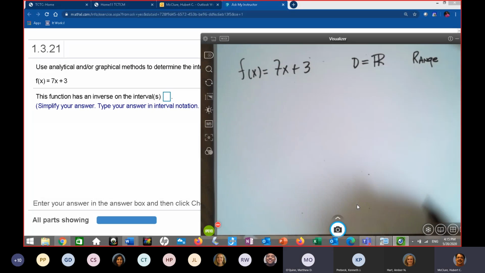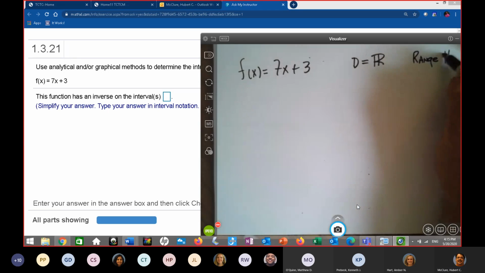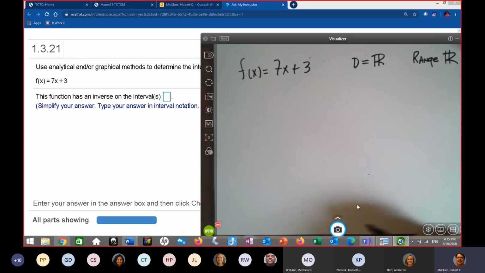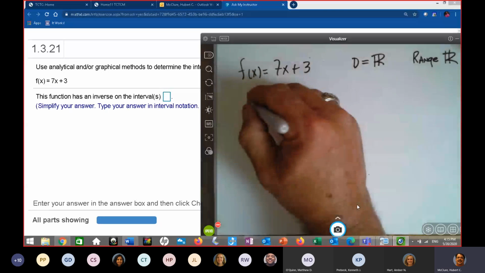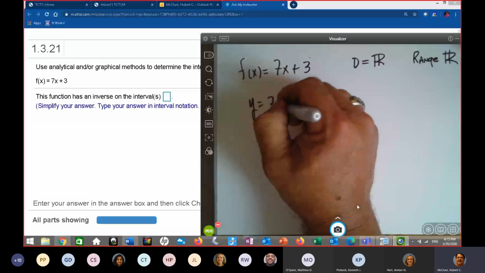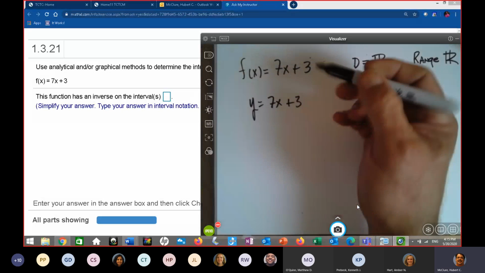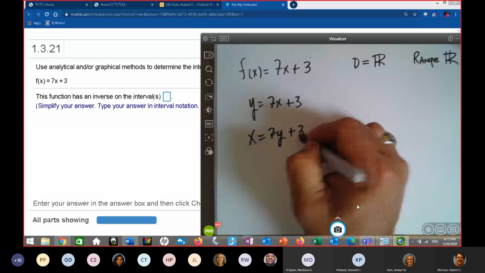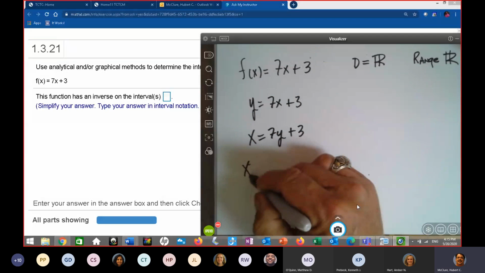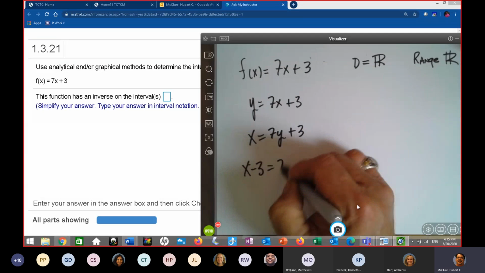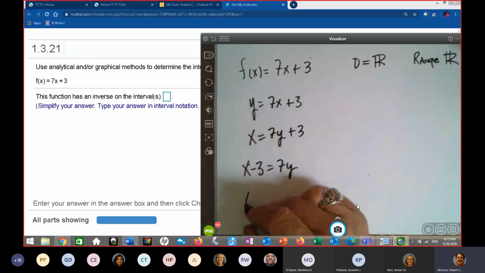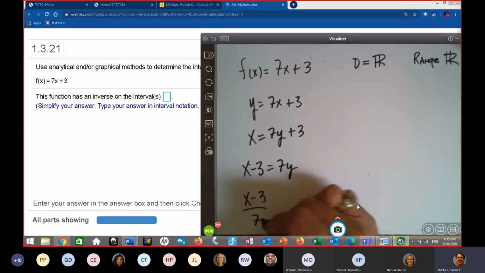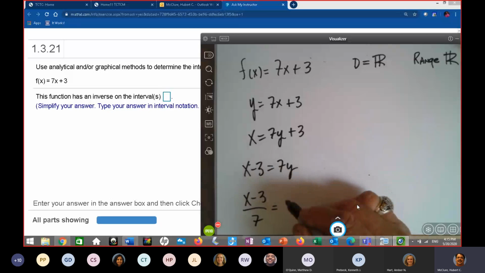All real numbers. Now I'm going to do y is equal to 7x plus 3. x is equal to 7y plus 3. x minus 3 is equal to 7y. x minus 3 divided by 7 is equal to what? f negative 1 of x.